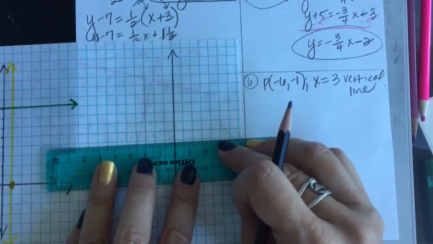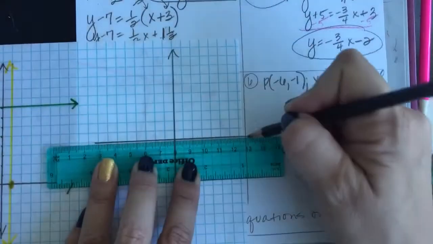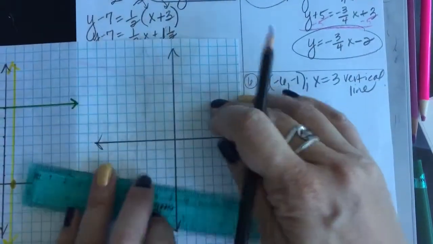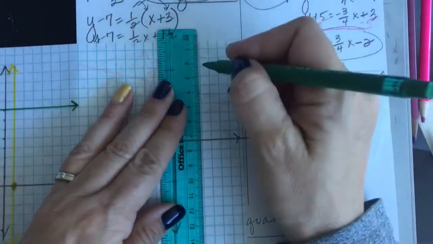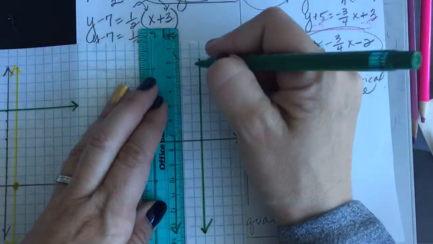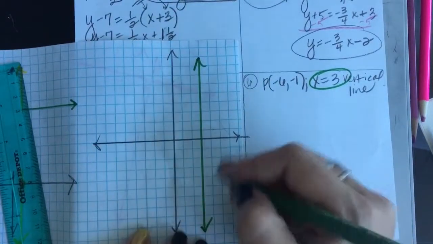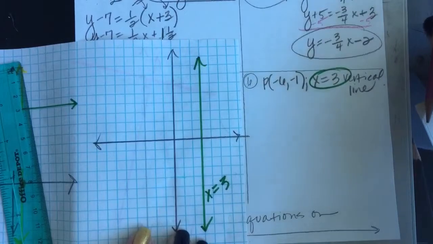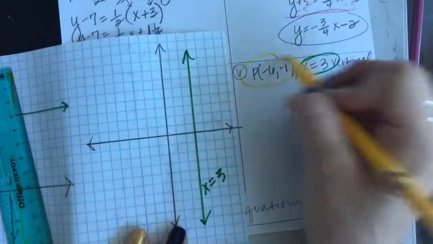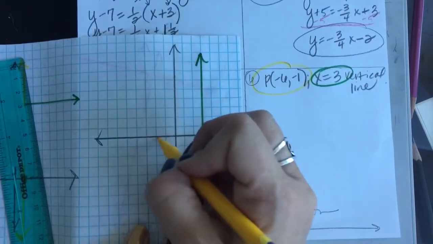A vertical line of x = 3 is going to be, so we're starting out with this. There's my x = 3. And then it's got to go through this point, (-6, -1).